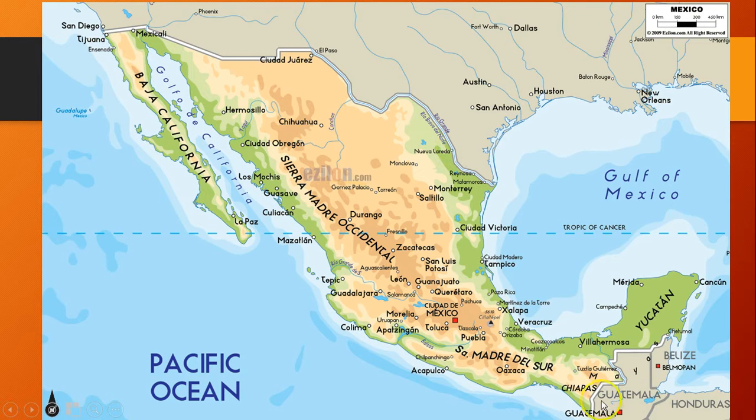And then down here, you can see the, I can't remember how to pronounce the name, the river that forms the border with Guatemala. Here's Guatemala, and we'll talk about that later. This is the Central Mexican Plateau, or the Mexican Altiplano, and that's where you're going to find a lot of the cities, and it's also where you're going to find a lot of that desert that you probably imagine when you think of Mexico.